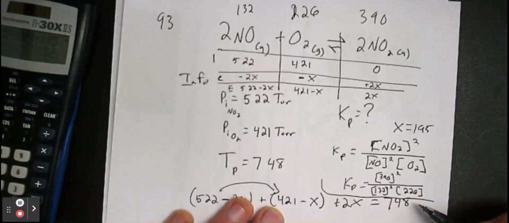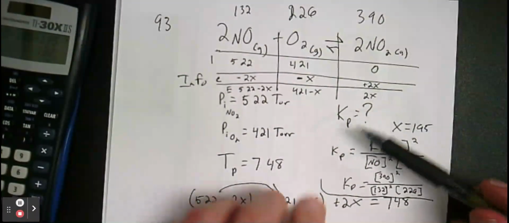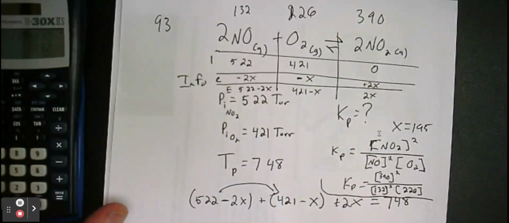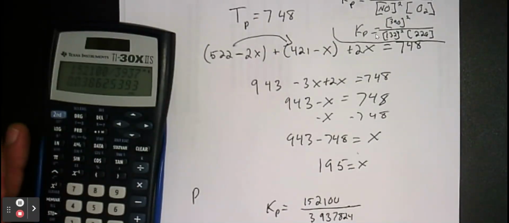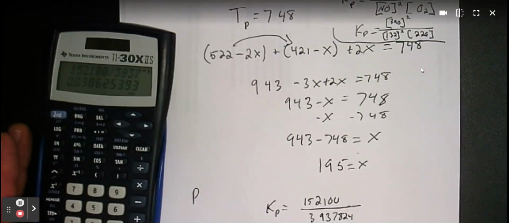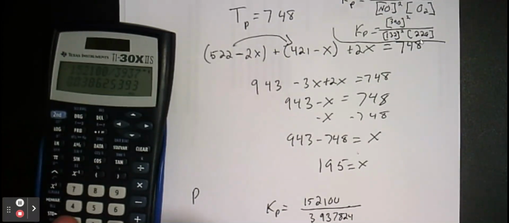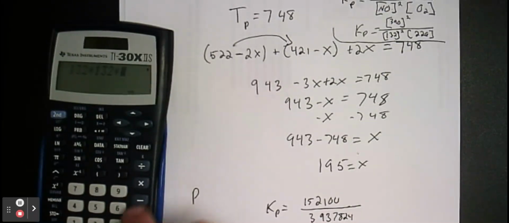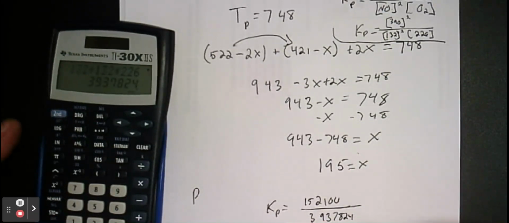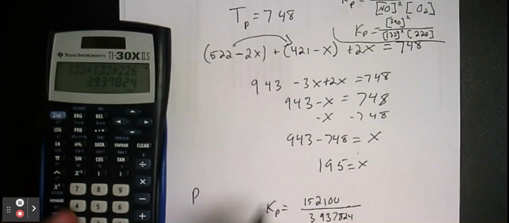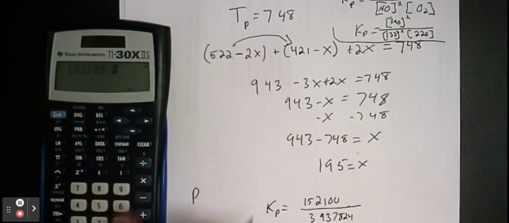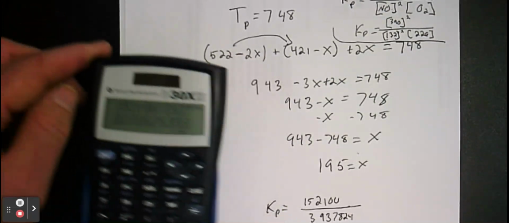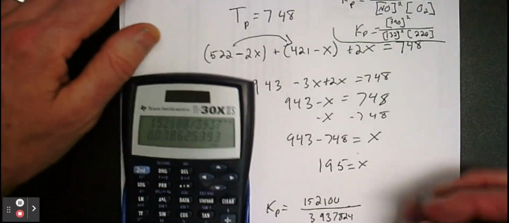I did it here just so you could see how this makes that, and then I plug them in. I'm going to pause it and do the calculator. I squared 390, I got that. I multiplied 132 times 132 times 226, and I get this. And then I divide 152100 by 39378. I get that.